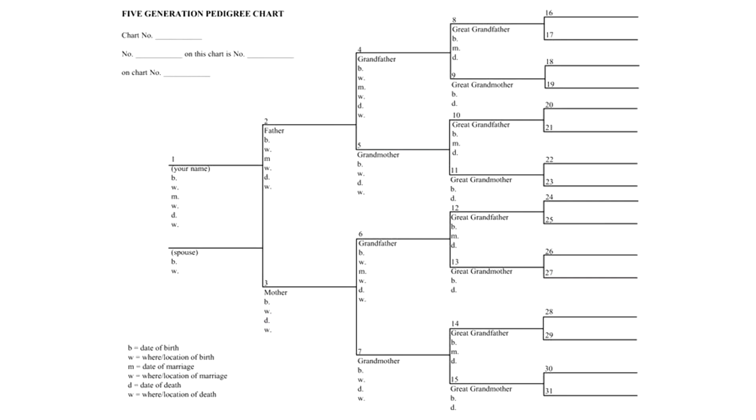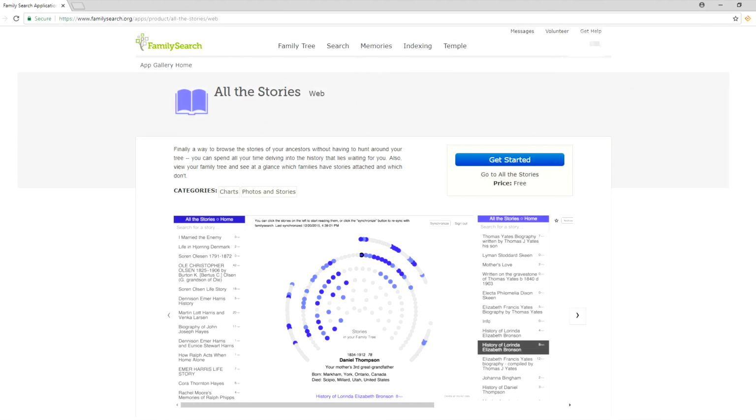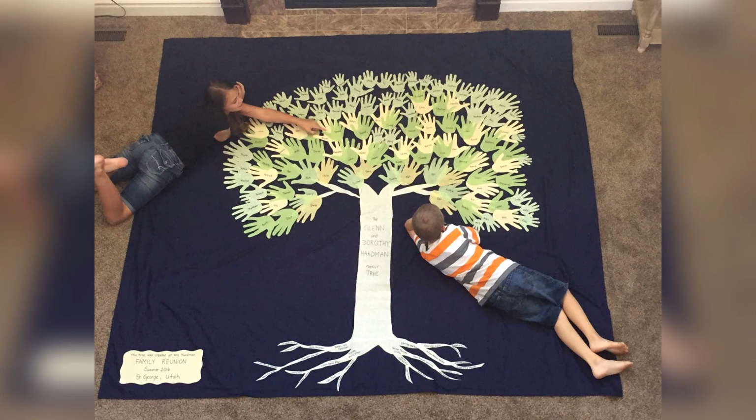So this one, you can make it as simple as you want or as extravagant as you want. It's just fill out a family tree, fill out a pedigree. You can either fill it out with names and dates, or you can have it collect a story of each one of those people on the pedigree, or collect a photo of everybody on the pedigree. I've seen ones where people have collected handprints of everybody in their family, all their cousins, their aunts and uncles, and second cousins, and made a big giant tree out of everybody's handprints.